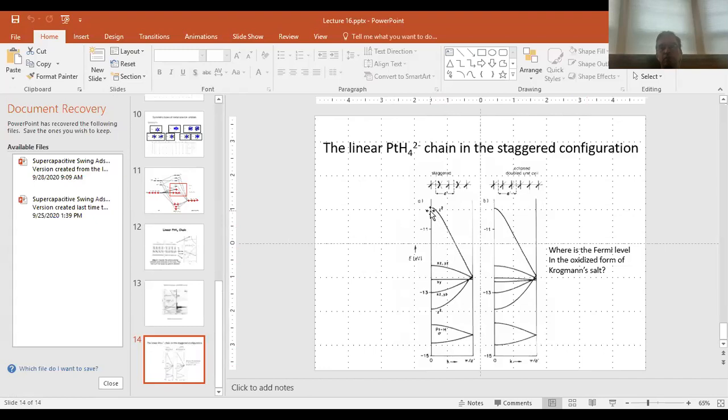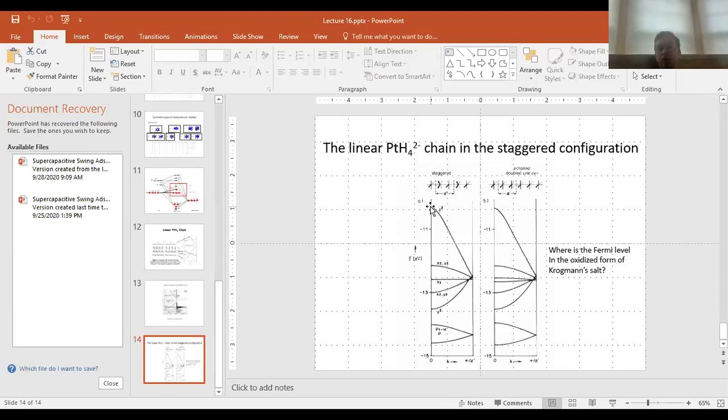So previously, the Fermi level was basically in between the dz square band and the band for the 6pz orbital, right? So the dz square orbital was completely full, and the 6pz orbital was completely empty.